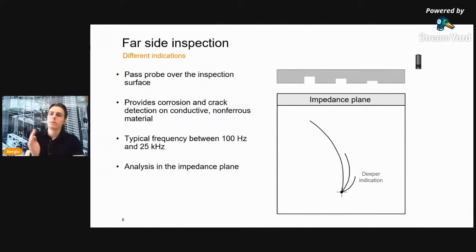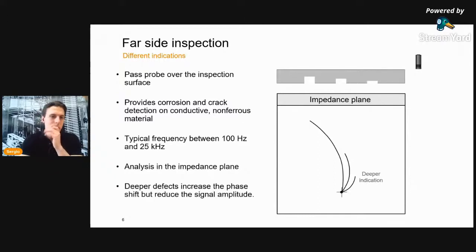So they move towards the right side in this case. So that's how we can also differentiate how deep a defect is by looking at the phase of the defect. Deeper defects increase phase shift.